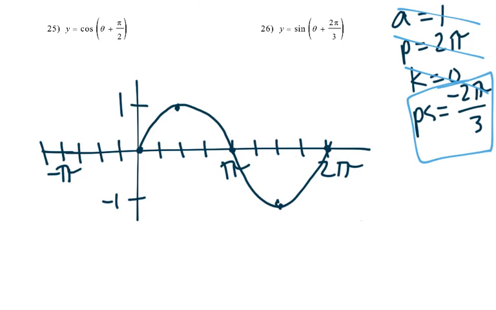Now we've got to jump back negative 2 pi thirds. Okay? Each one of these is like 45 degrees. And we're jumping back 60 degrees. Okay? So 60 is like 4 times 15. 45 is 3 times 15.